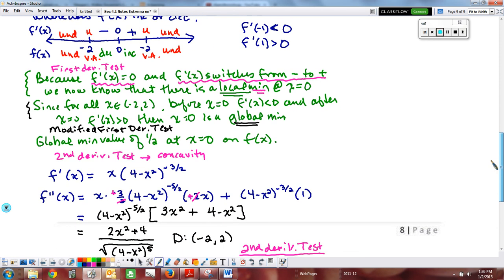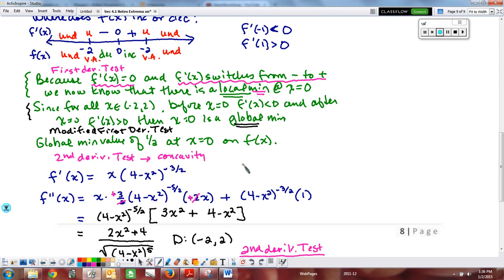And then even though I didn't really write the sign chart for this, you technically are doing a sign chart for the second derivative when you do the second derivative test, because the second derivative, just like the first, we would have our undefined in these locations. We had positive here, so what that tells us about the original function f of x, it was also undefined here.